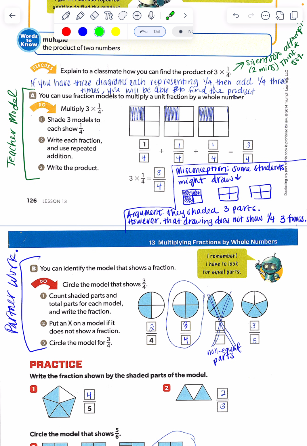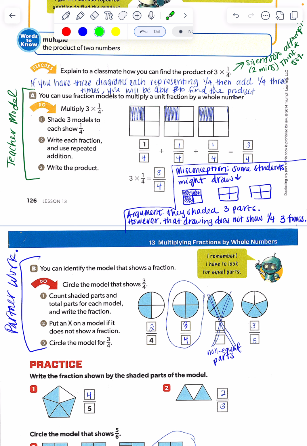You are going to model for them how to do the repeated addition to multiplication connection. So this question right here, multiply 3 times 1/4. So you're going to show them 1/4. 1 out of 4 shaded.